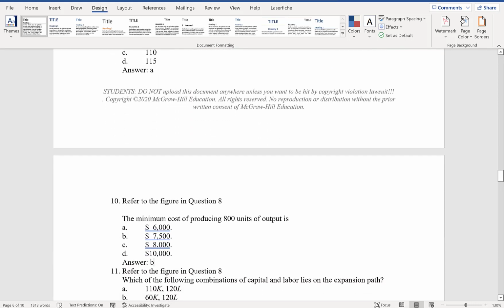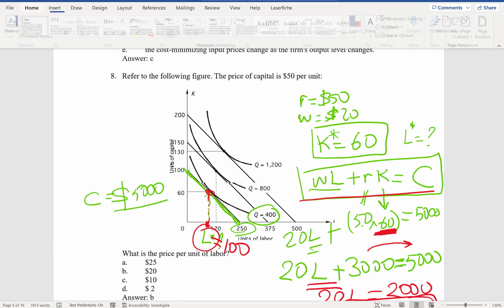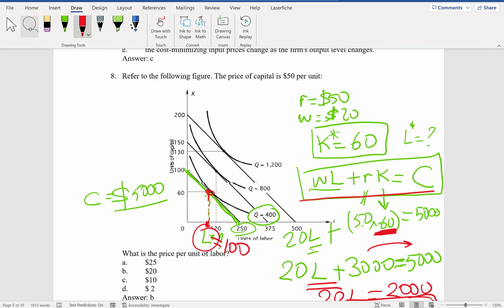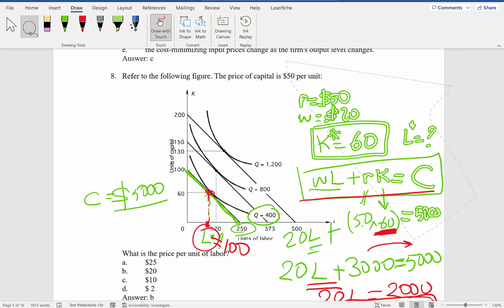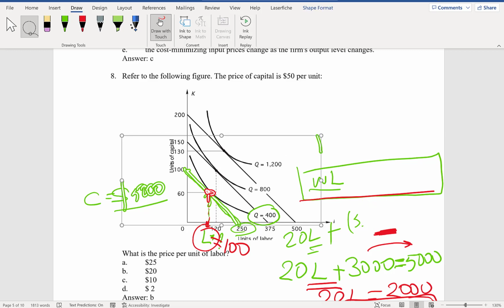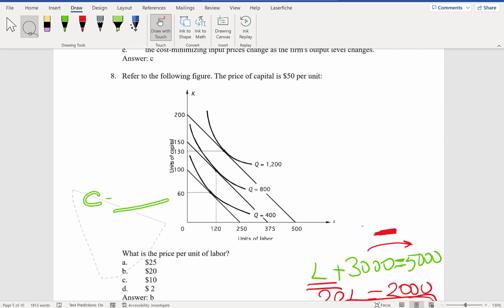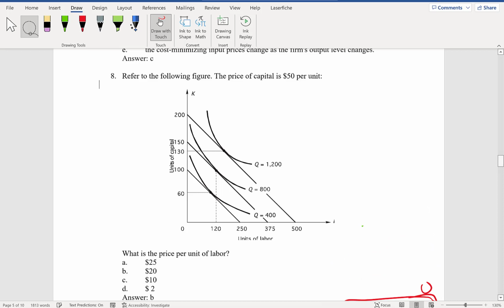Cool. The minimum cost of producing 800 units. Let me go over it again. I'm just deleting everything. Using the same logic, I want to produce now these 800 units. What's the total cost?